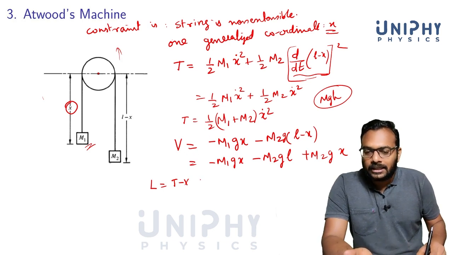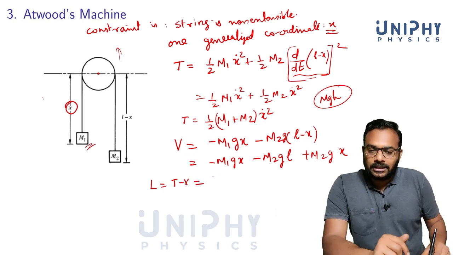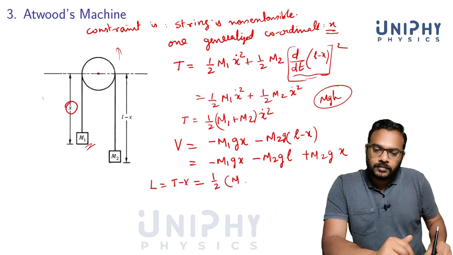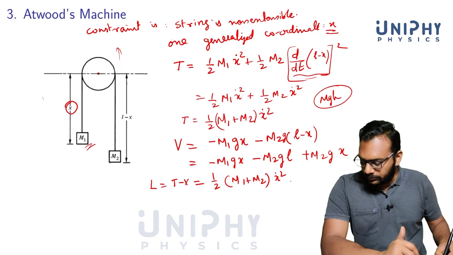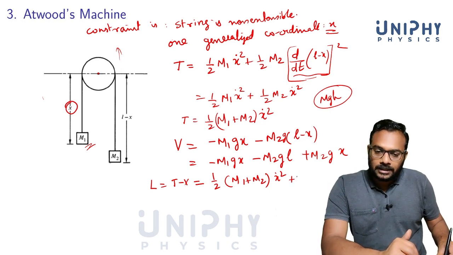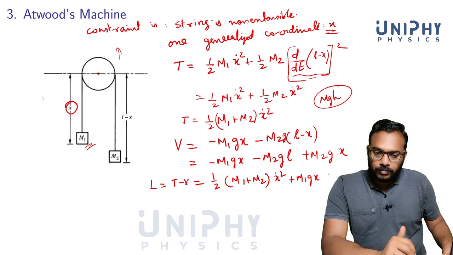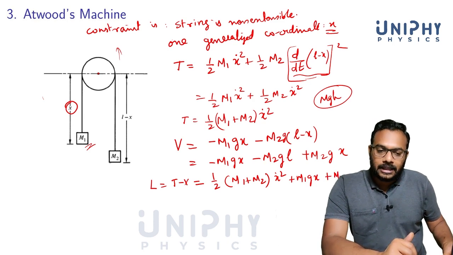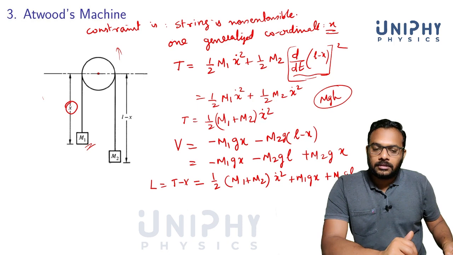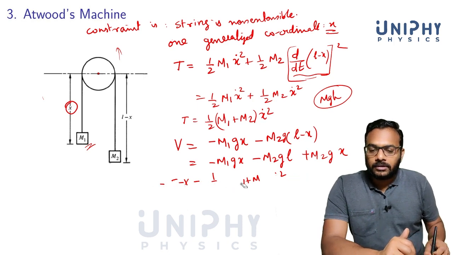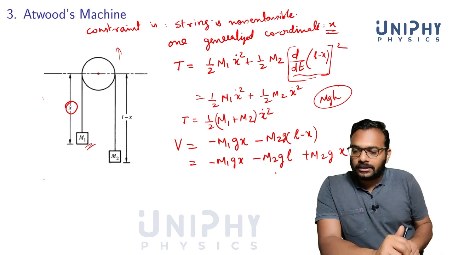What's the Lagrangian? L equal to T minus V, that's equal to half (m1 plus m2) x dot square, plus m1 gx, plus m2 gL. We don't have enough space here. Let's go to the next page. I'll write it here so that it's easier.